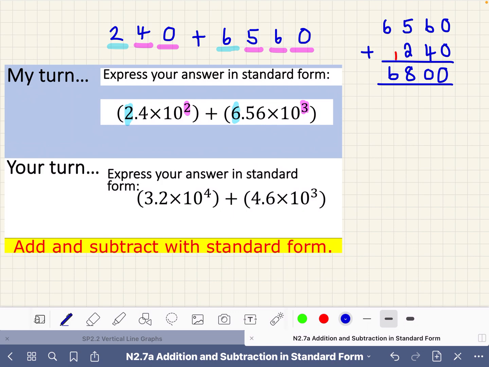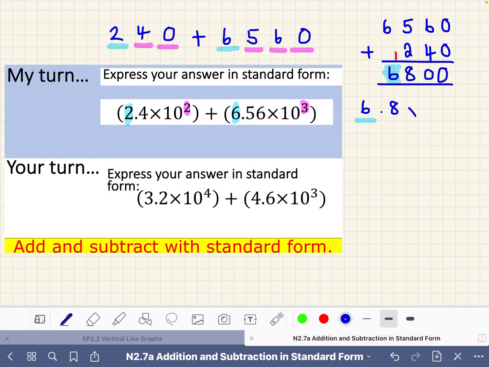Now, one thing to remember when you reach this point of your calculation is that the answer needs to be expressed in standard form. So that means we are working backwards now from what we did here, where the number at the start will be this 6. We can only have a single digit at the start of standard form answers, so it would become 6.8.